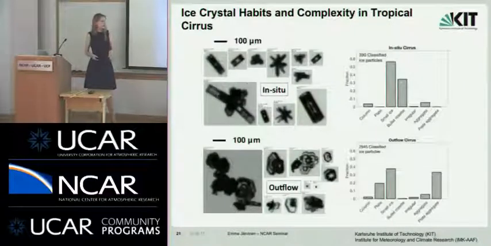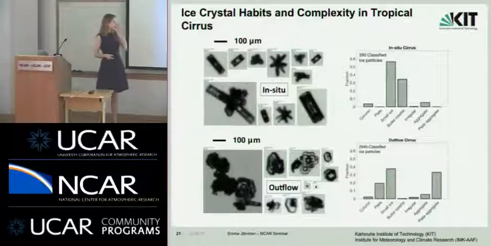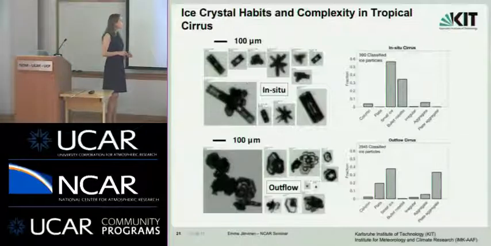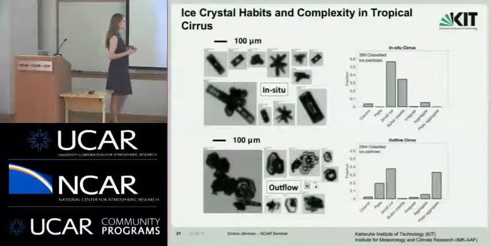Just a maybe interesting detail is that we did find a clear separation of the ice crystal habits in in-situ cirrus or in outflows. This is nothing new, but at least we had cases where we had mostly columnar or bullet rosettes in the clouds, and we had cases where we had a lot of plates and plate aggregates. So we could study two totally different cirrus types.